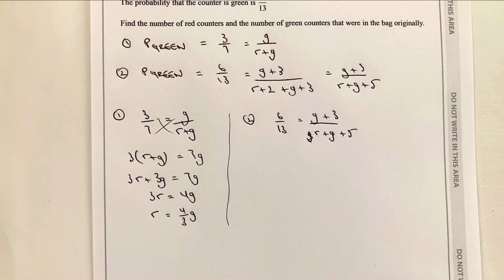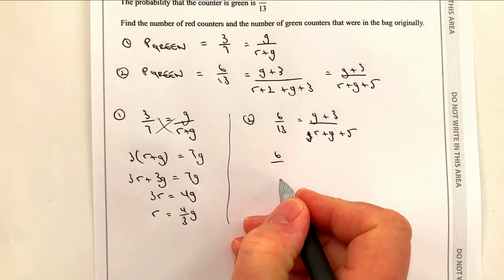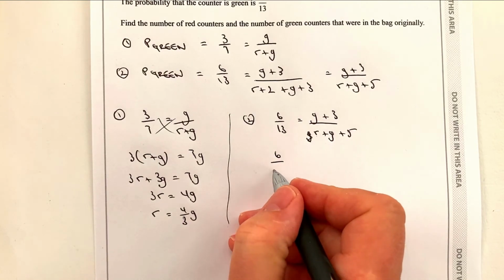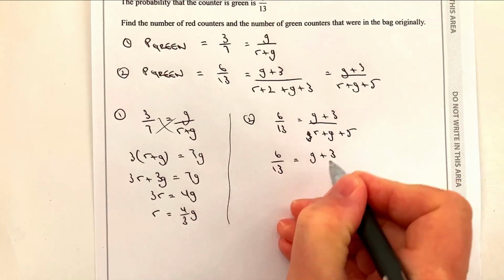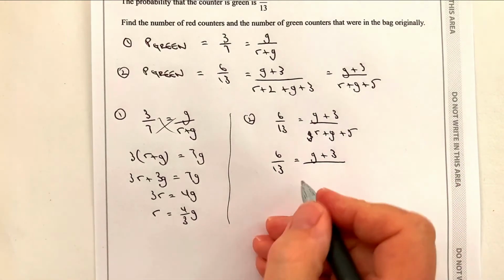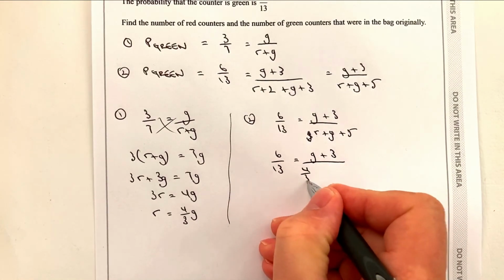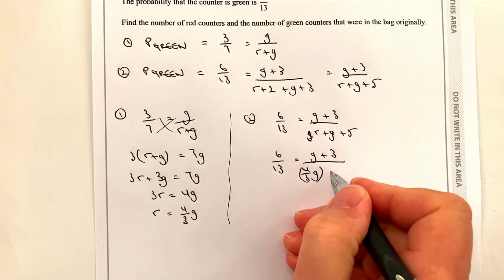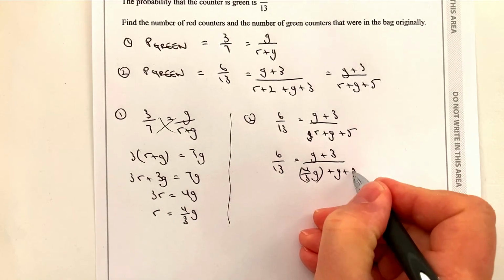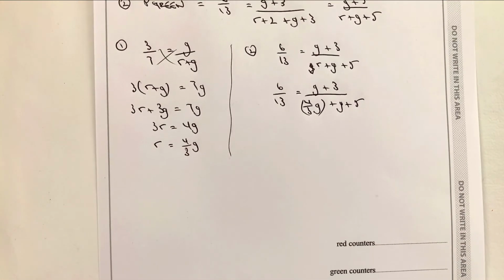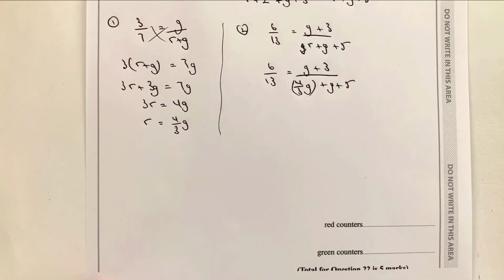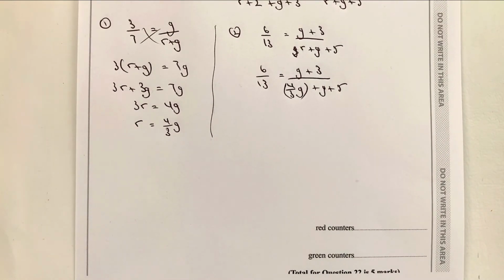But before I do that, I'm just going to rewrite this in the way that I've substituted it. So 6 over 13 equals G plus 3 divided by, rather than R, I'm going to write 4 over 3G plus G plus 5. Now, I know it looks a little bit untidy and scary at the moment, but actually, like a lot of these things, it works through not too bad.